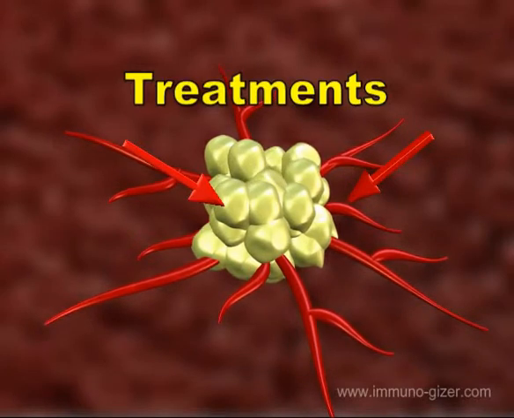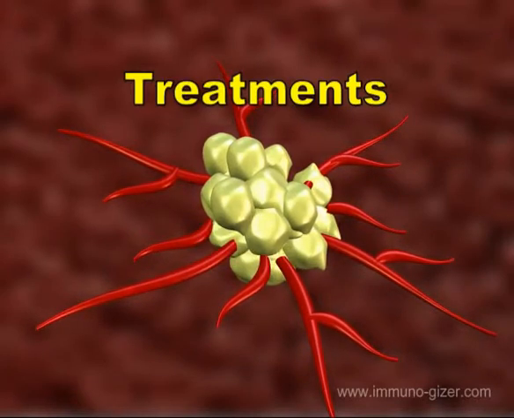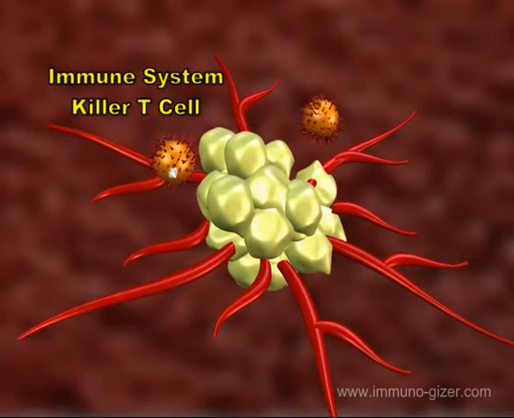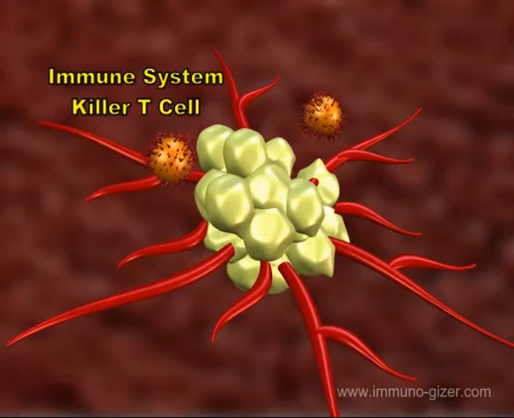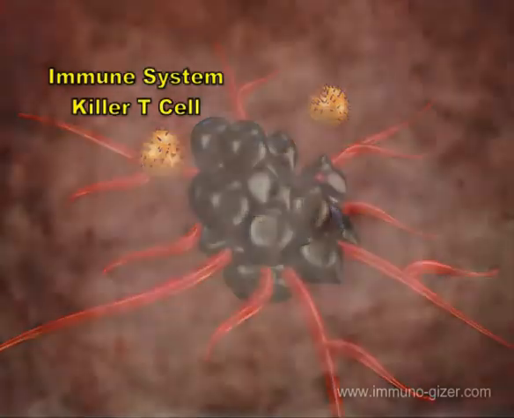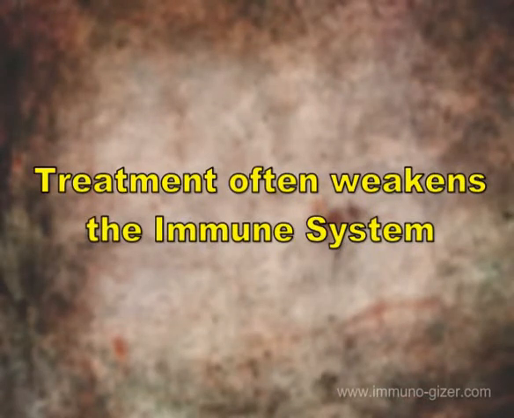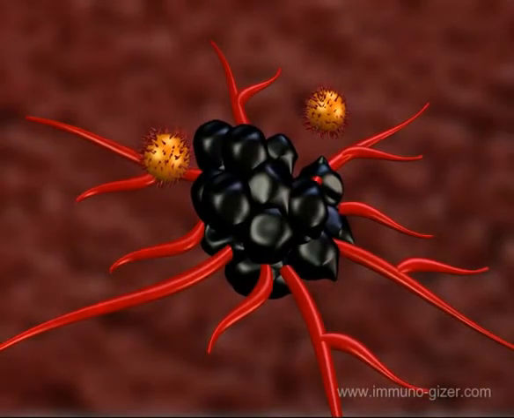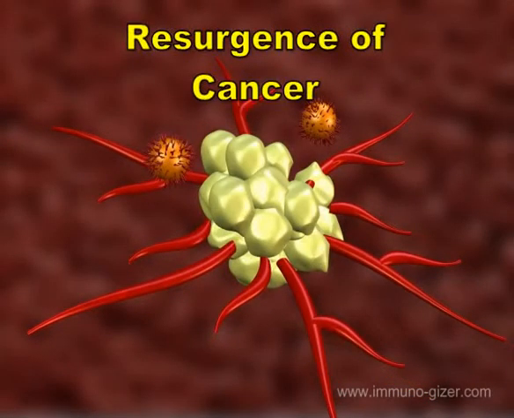This decreases the workload on the immune system, and increases its chances of eradicating the cancer. Unfortunately, many of these treatments may also adversely affect the immune system, thus reducing its ability to destroy the cancer. Here we observe the resurgence of the cancer.